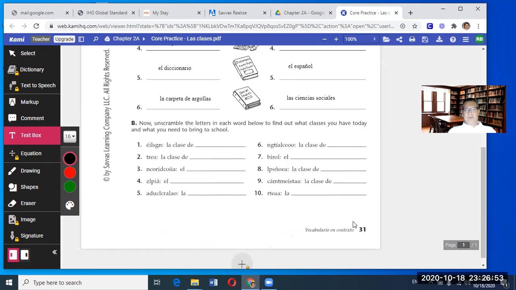Now unscramble the letters in each word below to find out what classes you have today and what you need to bring to school.